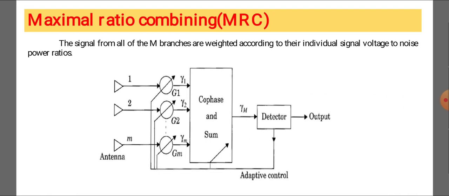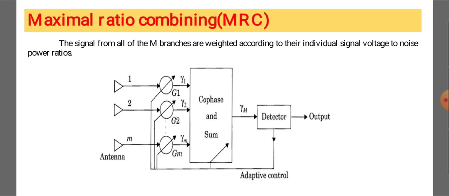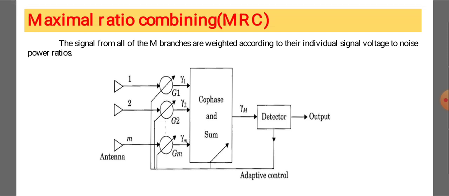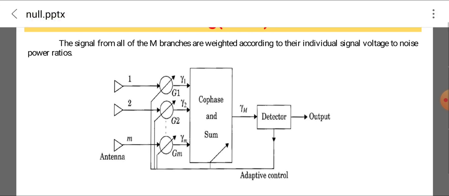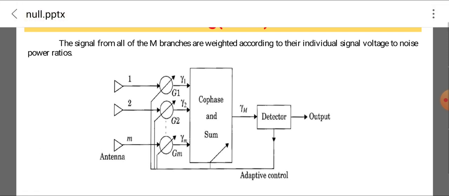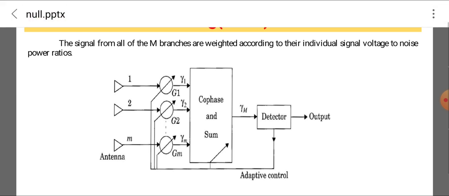In the maximal ratio combining diversity technique, the signals from all the M branches are co-phased with each other and are weighted according to their individual signal voltage to noise power ratio. Here gamma 1, gamma 2, and so on up to gamma m are the signal levels, and G1, G2 and so on up to Gm are their respective gains.